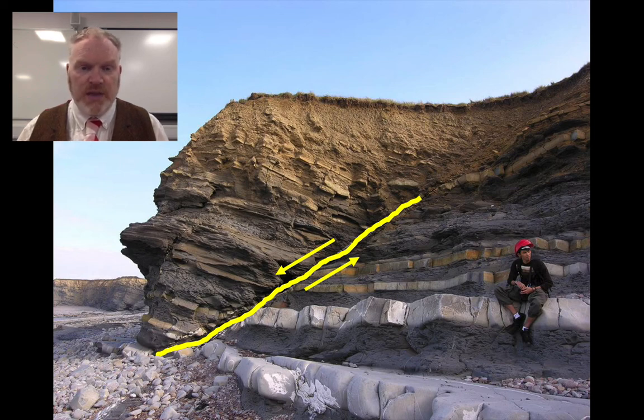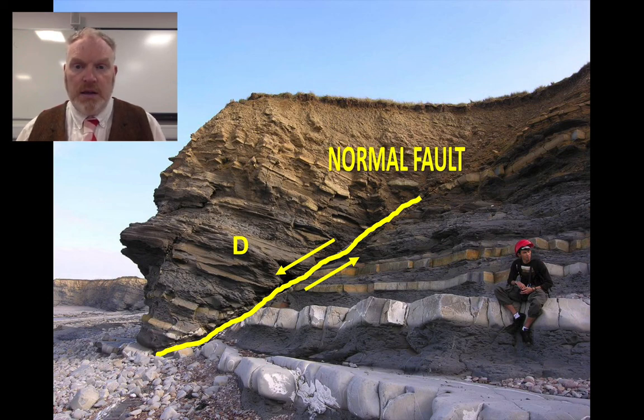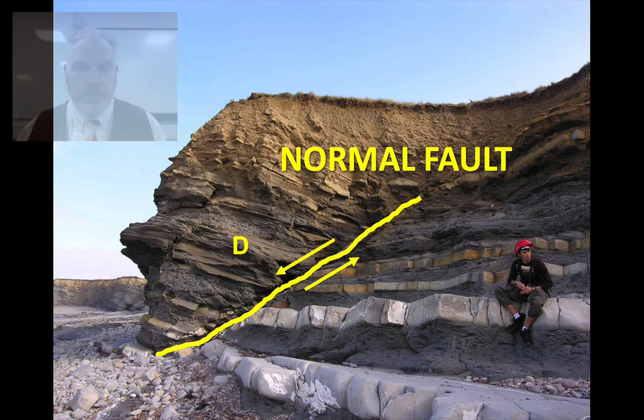We can see the two lighter coloured beds at the bottom of that cliff, in the cliff behind the student. So we know that the down throw side of that fault is there above the fault. So the hanging wall here has been down thrown. The dip of the fault plane is towards that down throw side. And the rocks here would have shown some crustal extension. So this type of fault, or this fault that we see, is a normal fault.